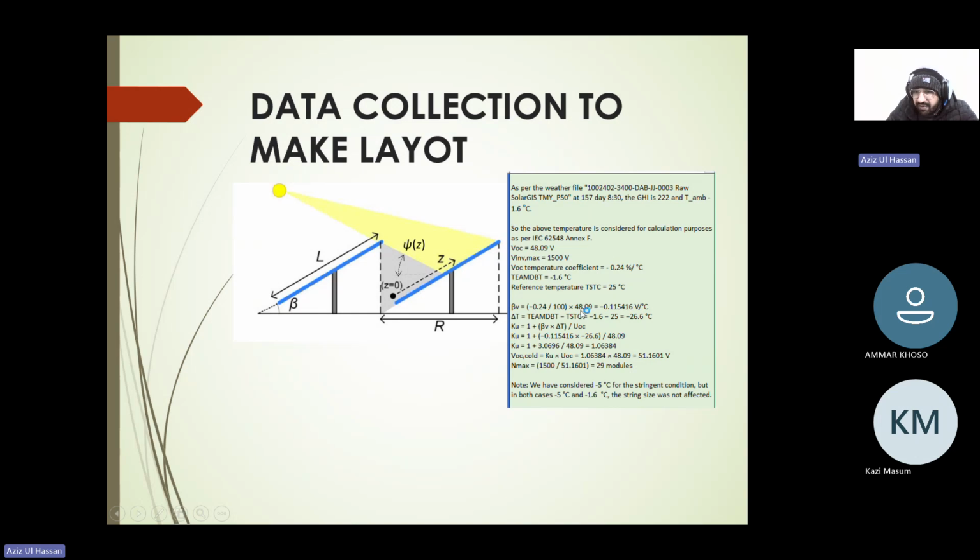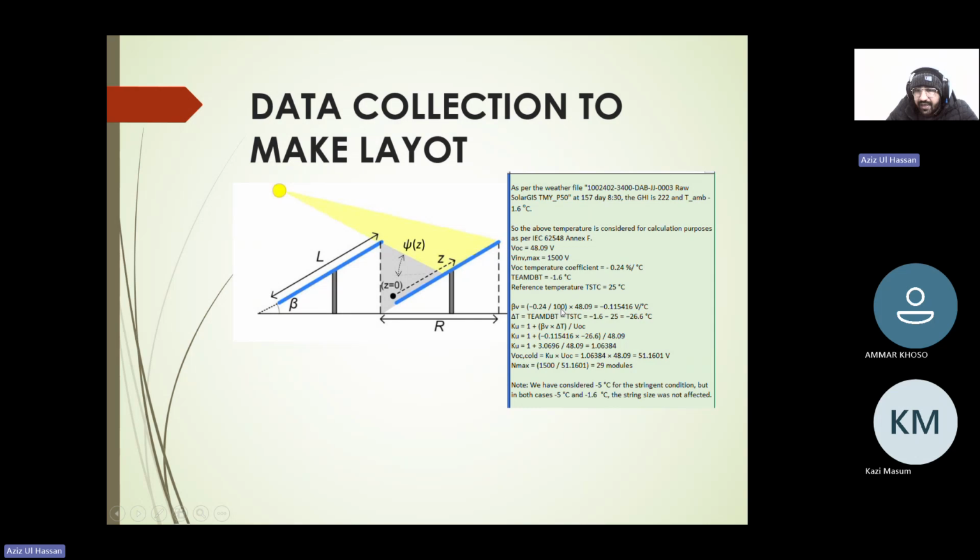So how will we calculate beta V? Minus 0.24 percent divided by 100 to convert into a value, then multiplied by the VOC of 48.09. This becomes minus 0.115416 volt per degree centigrade.